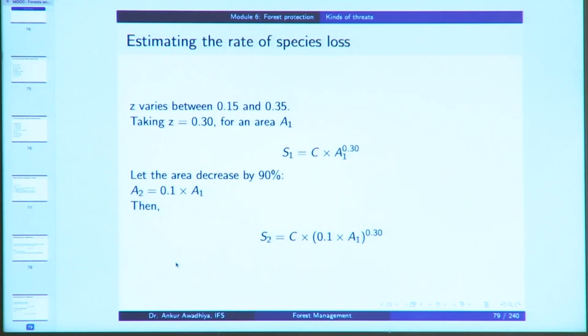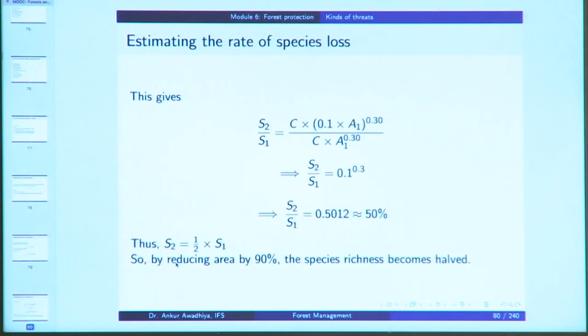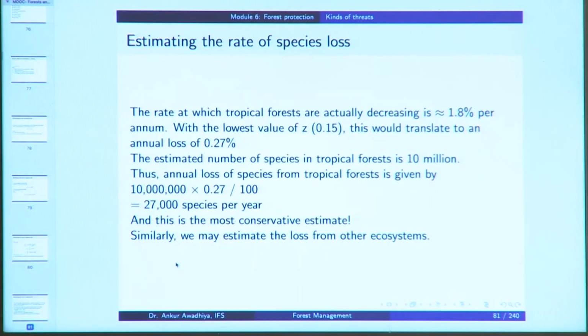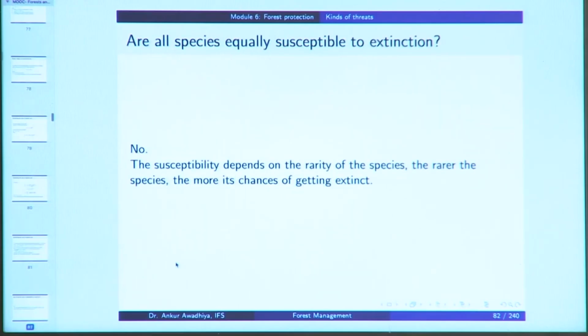And in this case we saw that even if an area decreases by 90%, you still have roughly 50% of the species richness that remains in that area. So, there is ample scope for hope, but you cannot be extremely hopeful, because then we calculated the rate of species loss and we saw that in the case of tropical forests, we are losing as many as 27,000 species every year in a very conservative estimate.